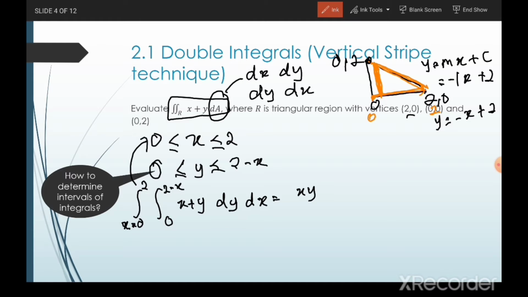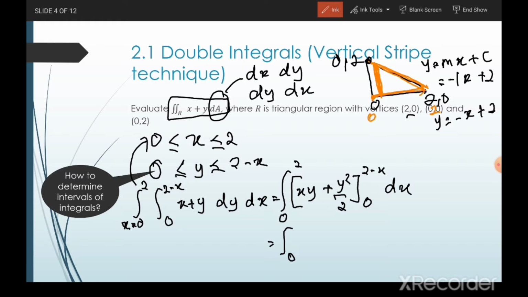We integrate with respect to y, we get xy plus y squared over 2. Then we include the interval 0 and 2 minus x for y, dx.